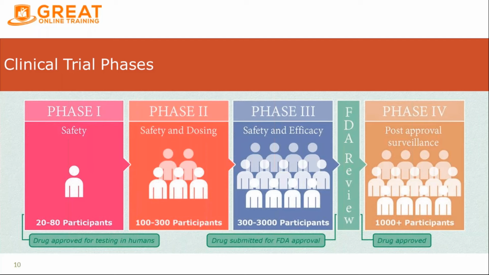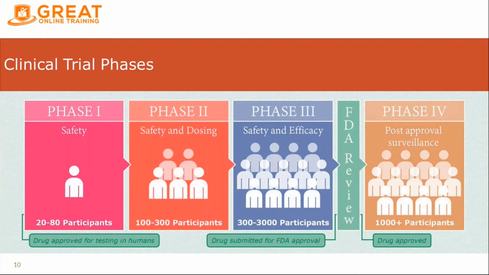It is about finding out more about side effects and effectiveness, and looking at how well the treatment is working. In phase 3 trials, safety and efficacy are assessed, with 300 to 3000 participants. It compares the new treatment to the standard treatment.